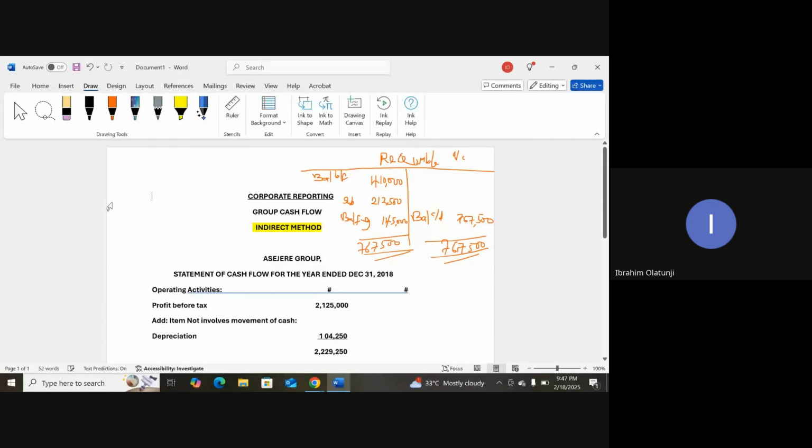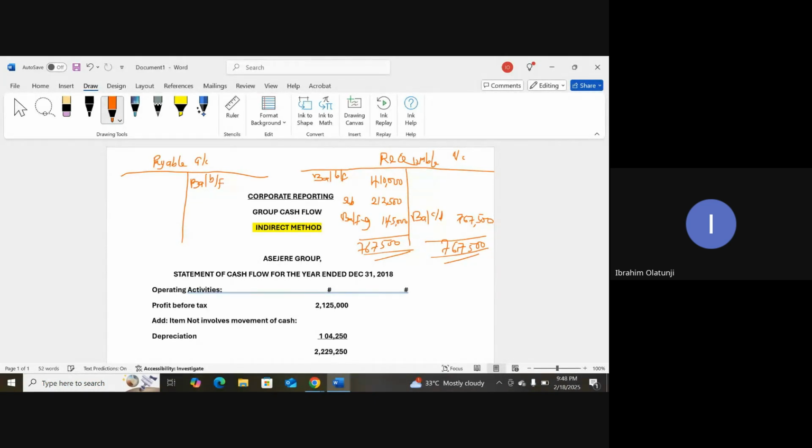So you draw the ledger, payable account. Because payable is a liability, and a liability always has a credit balance. It's not an asset.